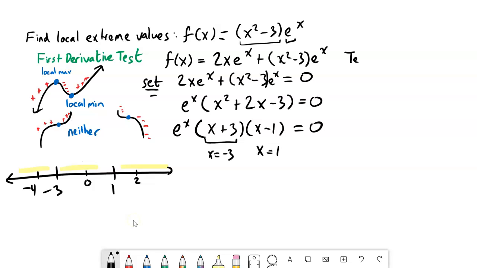So test which points? I want to do the derivative at 0, the derivative at 2, and the derivative at negative 4. And at 0, where is the formula for the derivative? It's right here. Oops, I forgot to notate that. So it's right here, so that's what I'm going to use.